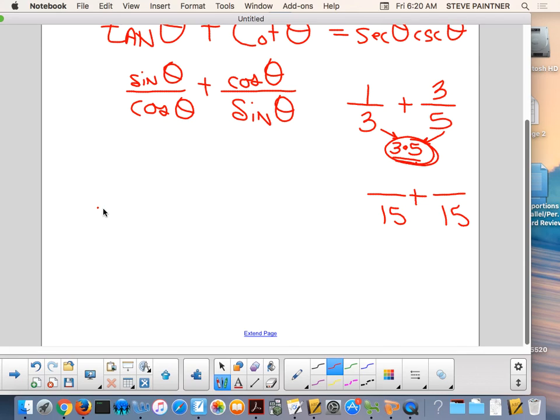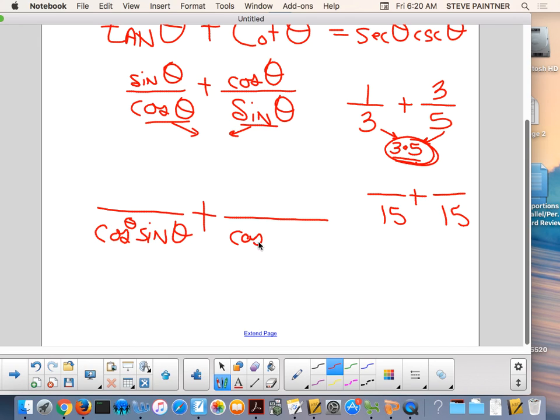So in our case, we would take sine times cosine, just multiply them, and that becomes the common denominator. Whoops, forgot my theta. Okay, cosine of theta, sine of theta is the common denominator. Now your job is to turn each fraction into cosine sine.